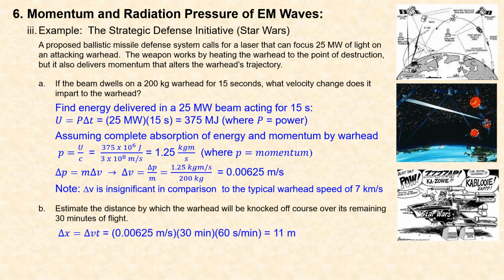So if we take the velocity change from part A and multiply it by the remaining flight time, that is 30 minutes, which we'll convert into seconds, that tells us that the warhead would be knocked off target by a distance of 11 meters. Now, if you're talking about shooting a bullet at a person, that might be a very effective strategy.